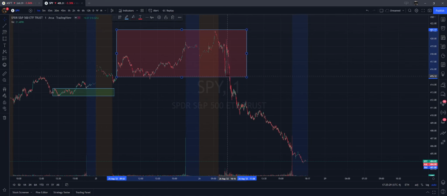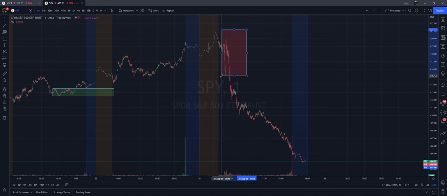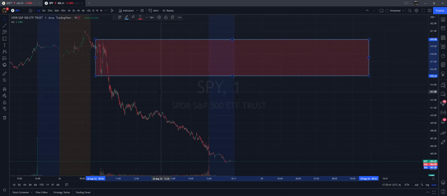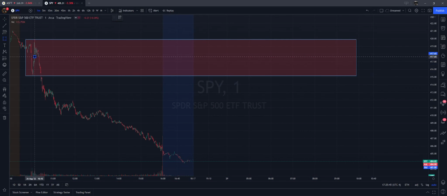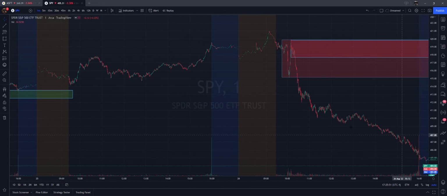So in this case, the supply zone will be somewhere around here and on top of here. And then in a smaller time frame, we have a supply zone over here. So there's a double supply zone. This is the bigger range. This is a smaller range of supply zone.